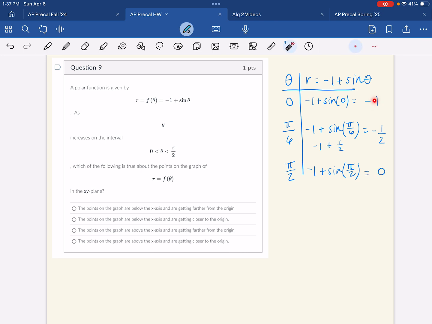So what this shows me, looking at the radius lengths, I'm starting at -1, moving to -1/2, then to 0. They are all negative values getting closer to 0.